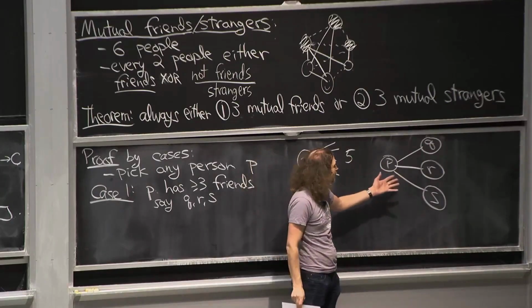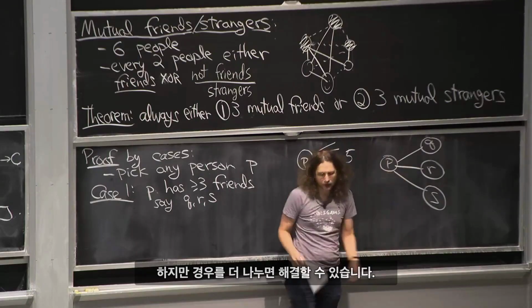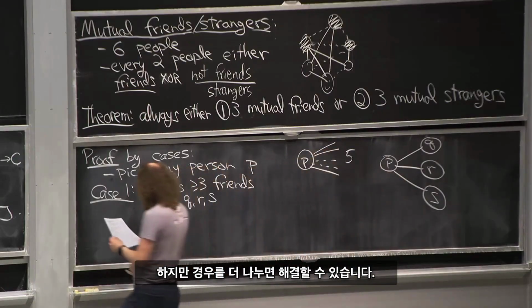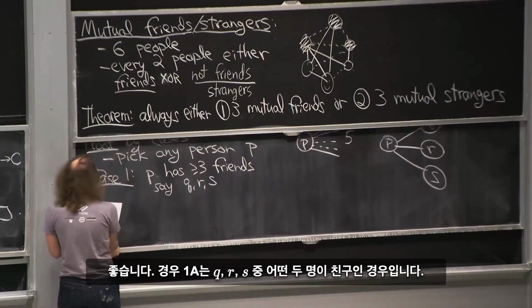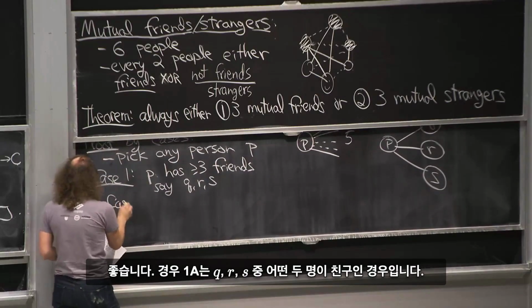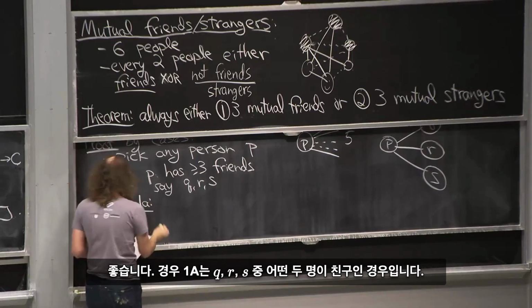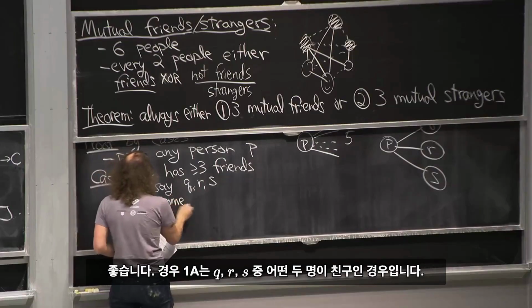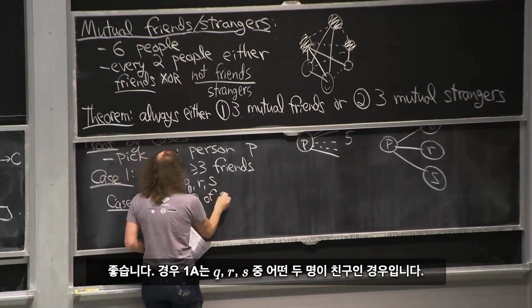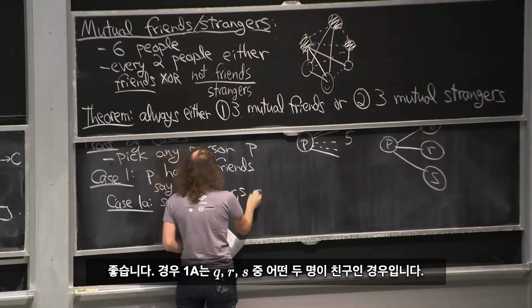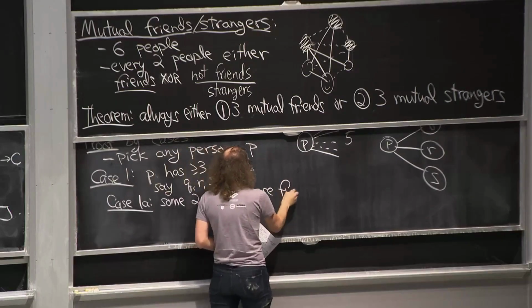We haven't solved the problem yet. But if we break into more cases, we'll be able to. Okay, so case 1A is going to be some 2 of Q, R, and S are friends.